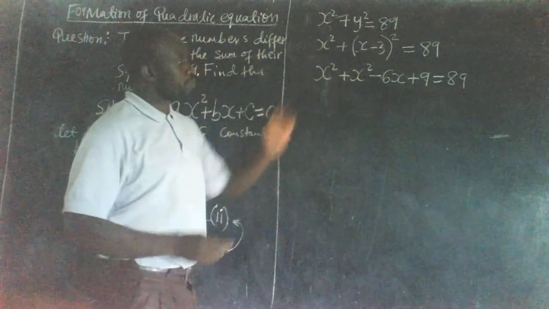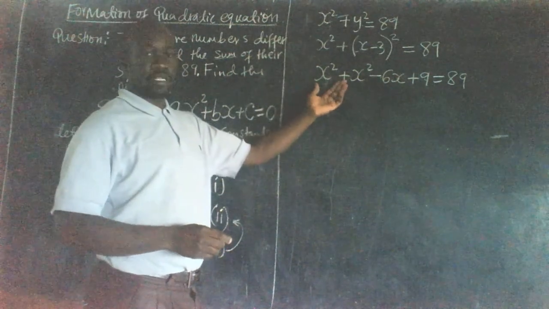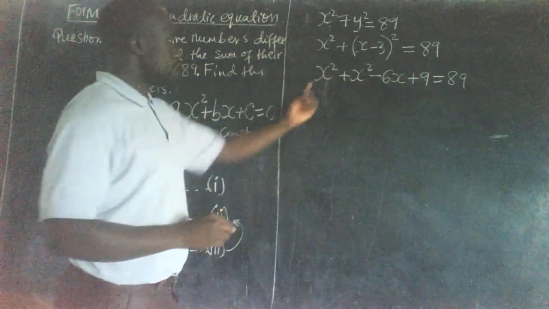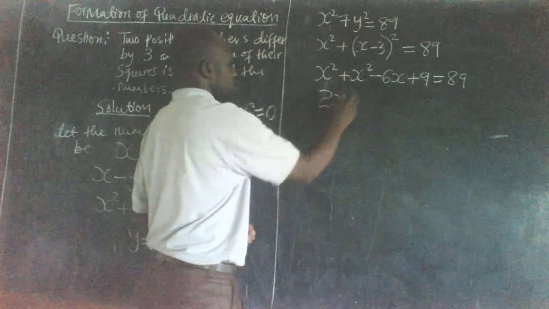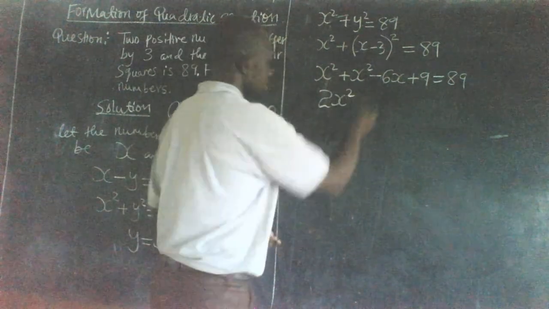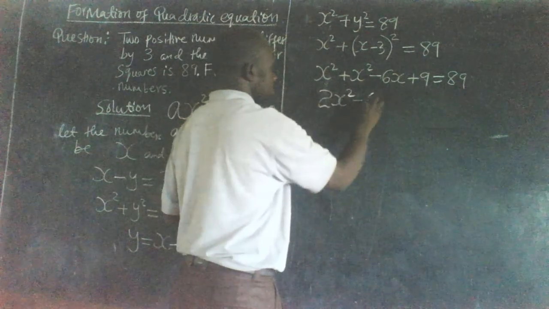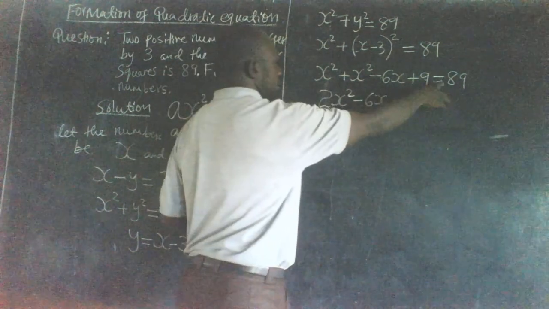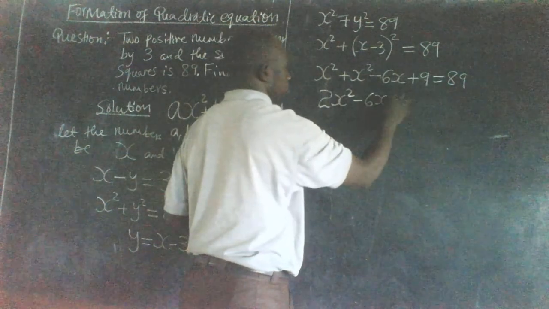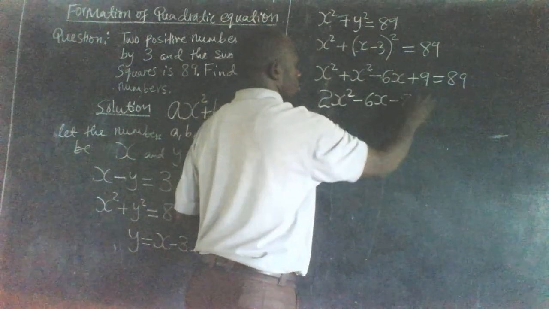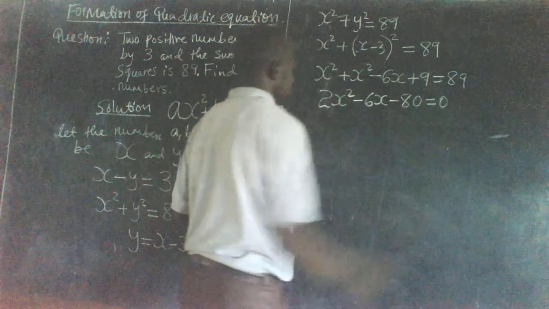From here, we add the like terms. So x squared plus x squared is 2x squared, then minus 6x. Take 89 to the left hand side, that will be 9 minus 89, which is minus 80, equal to 0.